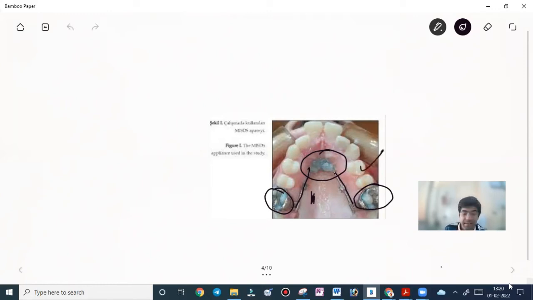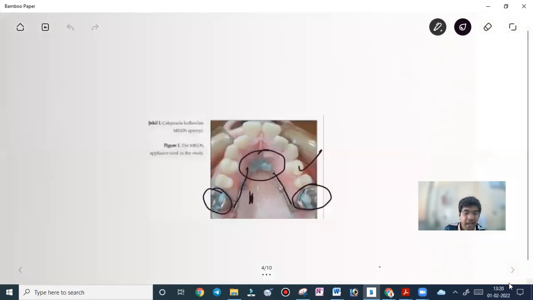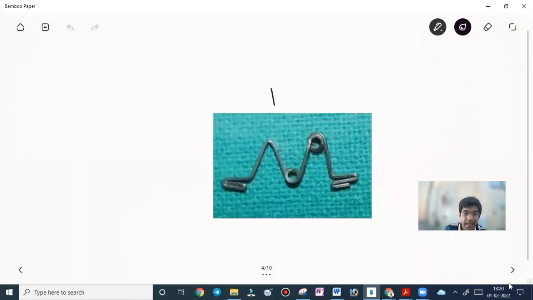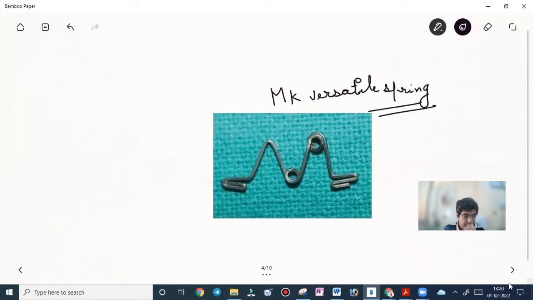Another important appliance used is the MK versatile spring. The main disadvantage of intraoral distalization appliances is that they produce undesirable tipping of the maxillary molar and loss of anterior teeth during distalization.